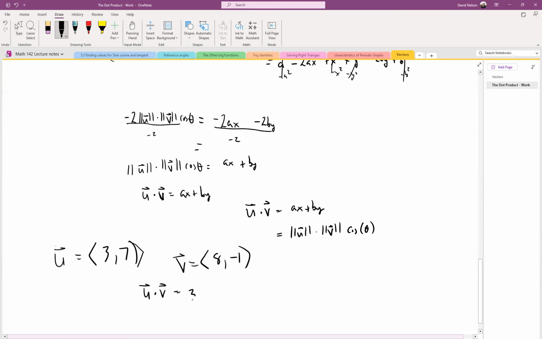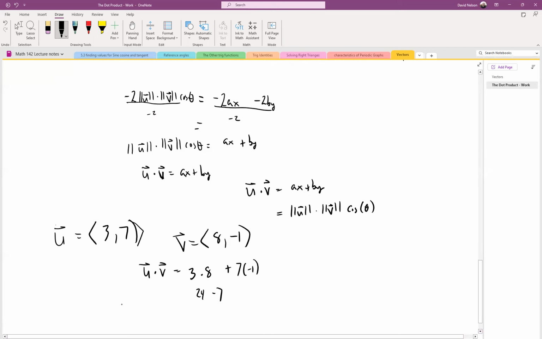It would be 3 times 8 plus 7 times -1. So 24 minus 7, which would give us 17, I believe. Yeah, 17. And that would be the dot product of u and v. So it's super easy to find that dot product when the things are in component form. But we can also find it with this u dot v definition.